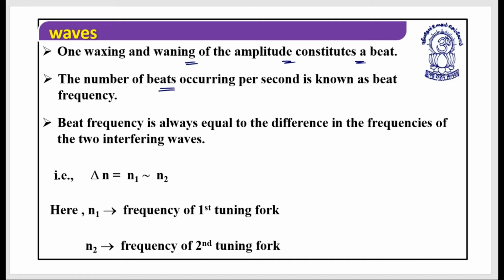the number of beats occurring per second is known as the beat frequency. Beat frequency is always equal to the difference in the frequencies of the two interfering waves.